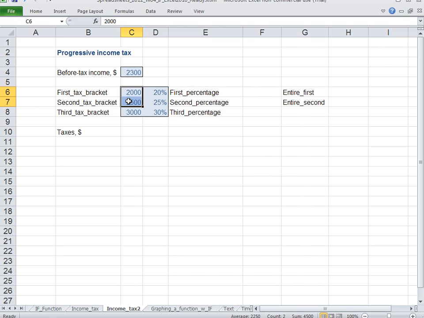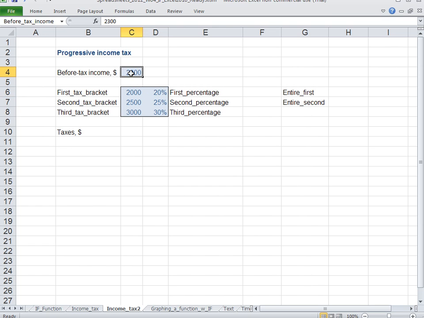So once again, we still are applying this tax-free first 2,000, but on the amount that was over 2,000, like in the case of 2,300, you had to pay 20% on that amount that was over.